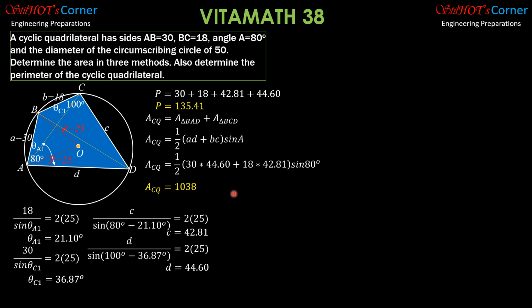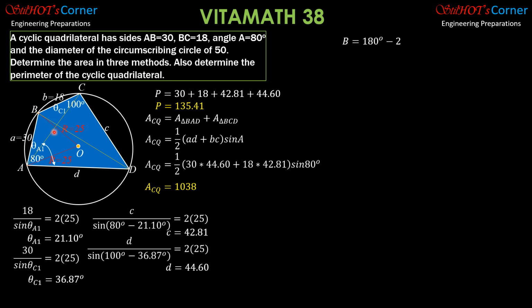Then for the other calculation of area, the second approach would be 1/2 the product of the diagonals. Remember, for the general quadrilateral, 1/2 product of the diagonals times sine of the angle between the diagonals. Now, which angle? There are two angles. It doesn't matter again because the area is 1/2 product of the diagonals times sine of one angle here, and the other angle is the supplement of this angle.